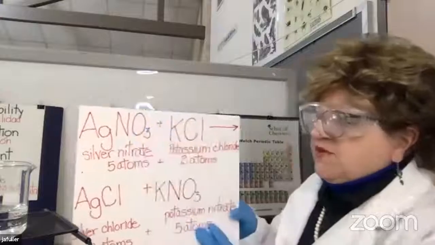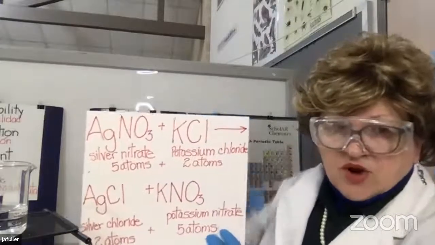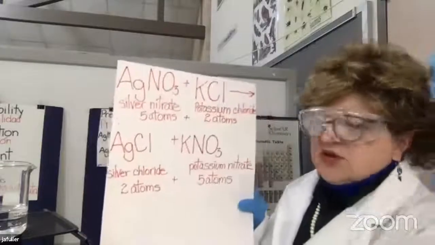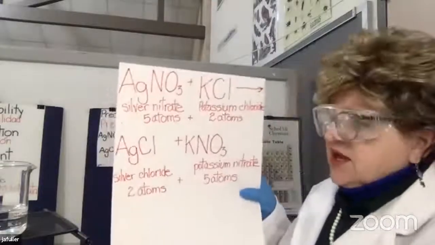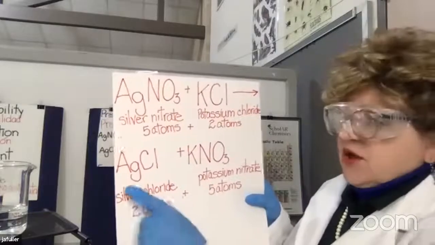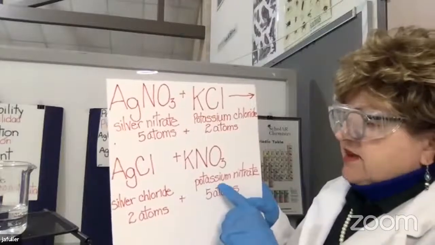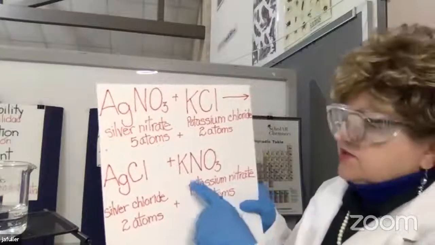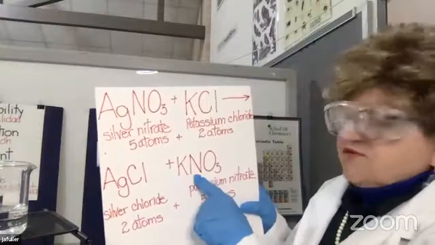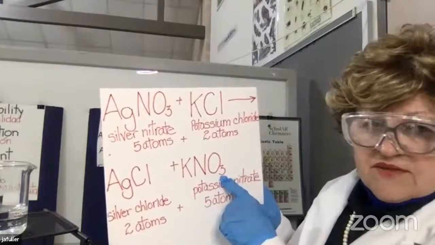So when you put these together, it's going to yield. Remember that little arrow means yield. It's going to yield these 2 products. Silver chloride has 2 atoms, 1 for the silver, 1 for the chlorine, and potassium nitrate has 5 atoms, 1 for the potassium, 1 for the nitrogen, and look, we've got a subscript of 3 here on the oxygen.